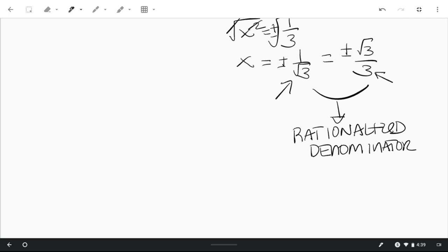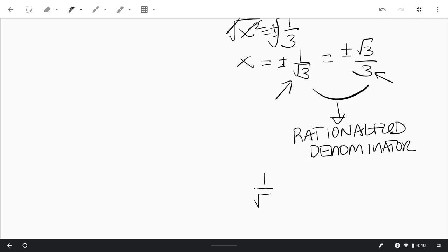So I'm going to leave off the plus minus for now. So over here, I have this, and the denominator is irrational, square root 3. If I want to rationalize the denominator, what I end up doing is, so 3 is not a perfect square, right?